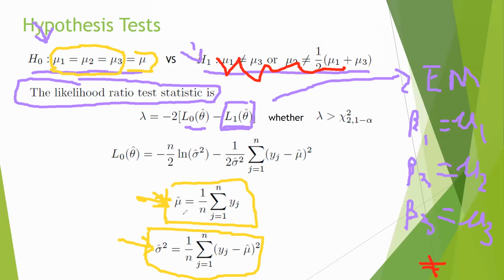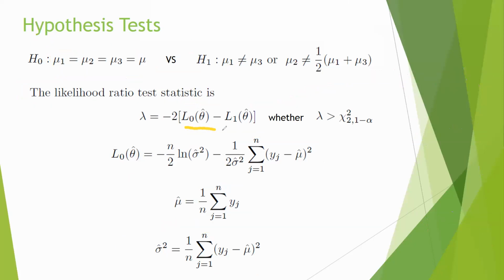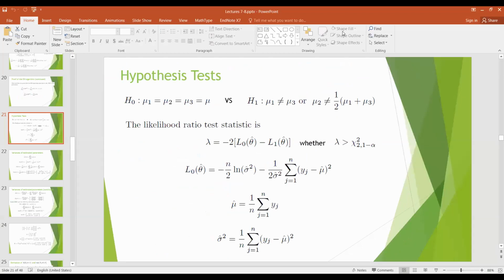Using this estimation for these two parameters, given the null model, we can construct the likelihood for the null model. Then we can use the likelihood ratio test, and this will give us the chi-square p-value. All right, we have talked about this before. I'm going to show you how we use the R code to achieve this.